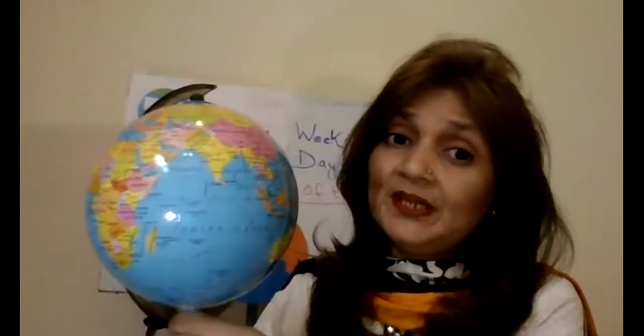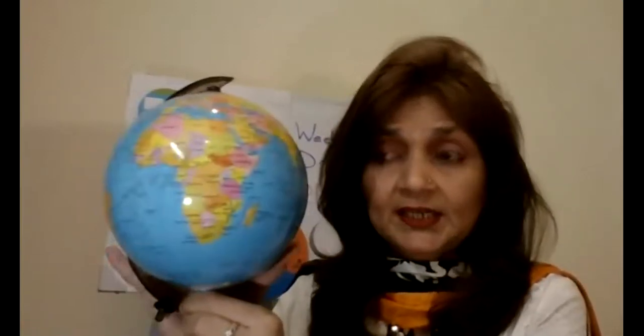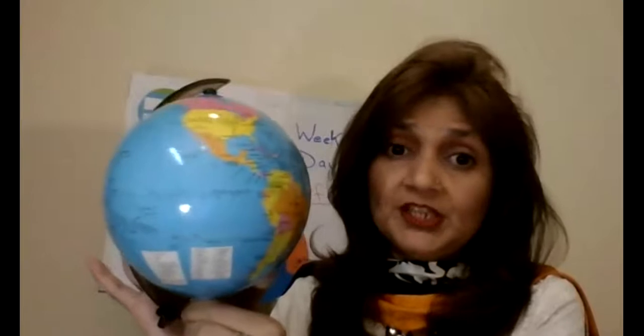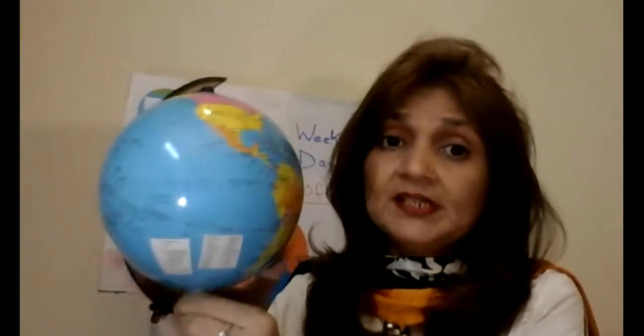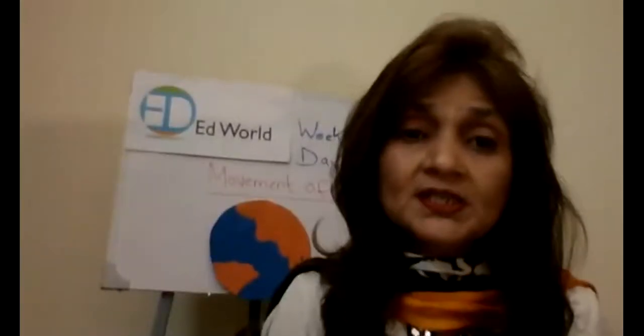It will be daytime, whereas over here it would be nighttime. So the earth keeps on rotating the whole day, and the time keeps on changing, day, evening, night, right? Because of the rotation of the earth. The countries and areas which are nearer to the sun will have daytime. The ones which are away from the sun will have nighttime, right?